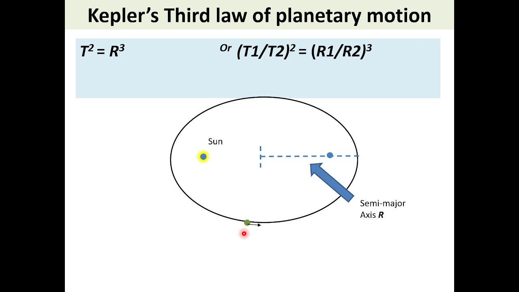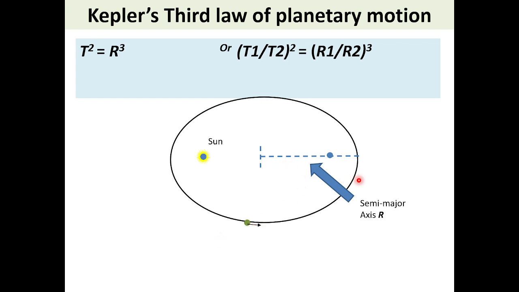We have different names. Simply we can say period of a planet. So when we say period of a planet, it means the time to complete one revolution around the sun. Example, for the earth, this T will be 365 days. The period of the earth is 365 days, because earth takes 1 year or 365 days to complete one revolution around the sun.